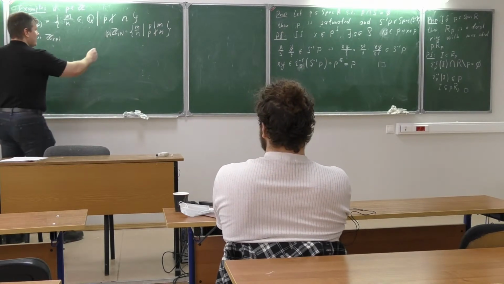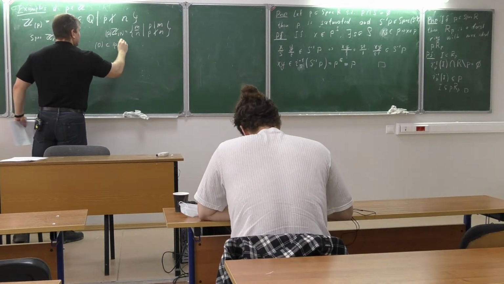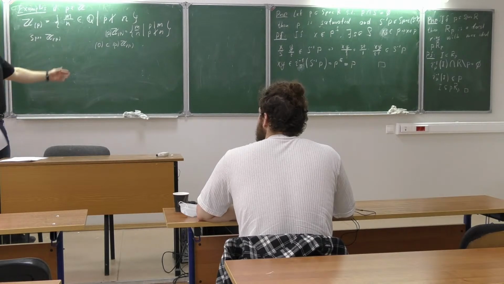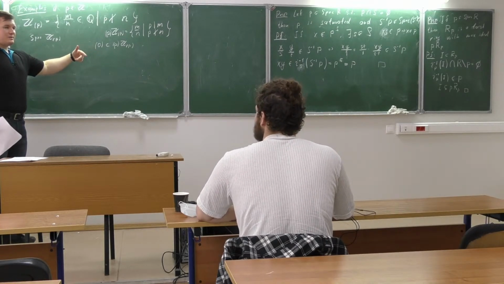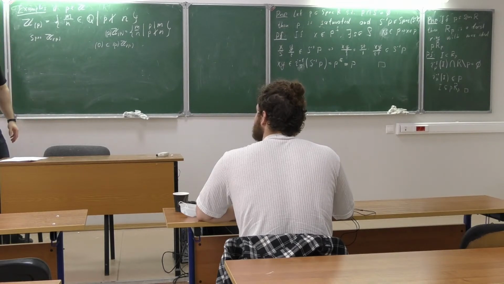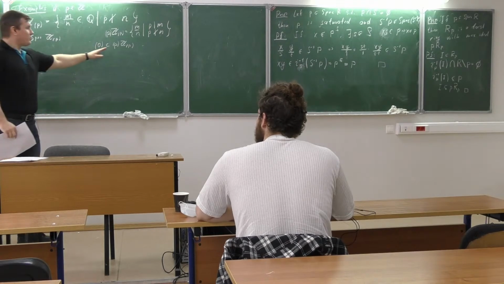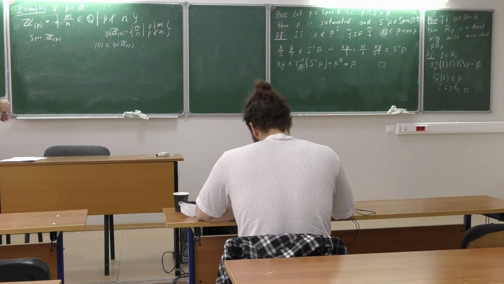So we have only two prime ideals, 0 and this ideal. So the Krull dimension is 1. That actually answers a question you asked last time, an example of a ring with finitely many prime ideals which is not Artinian. We have only two prime ideals, but the dimension is 1, not 0. So that's a counterexample.